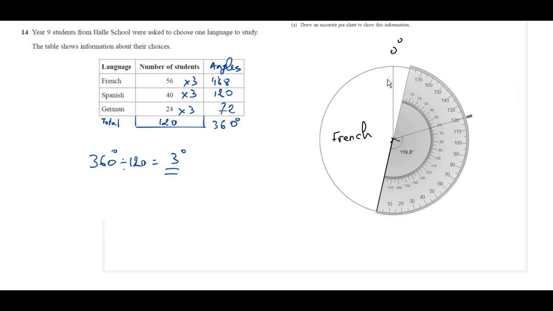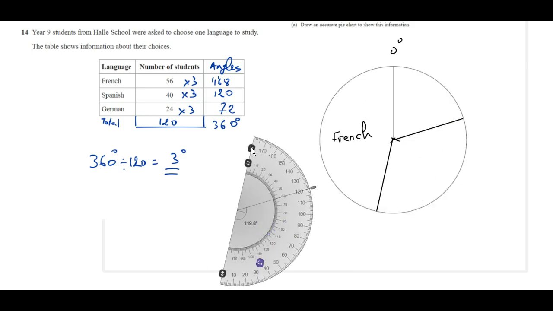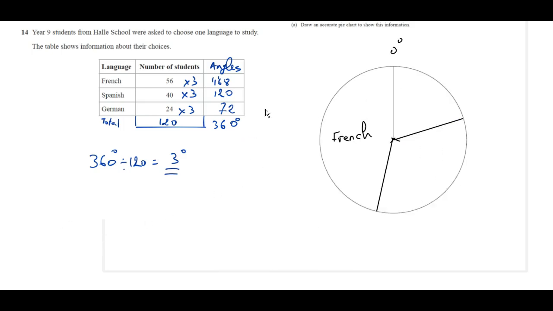Okay, I'm going to leave it. I don't want to fiddle with it too much, otherwise I'll lose the whole board. I think that's it. I'm going to draw the line as I did before. You get the idea. And remove the protractor. So that is the Spanish. You need to label it before you forget.